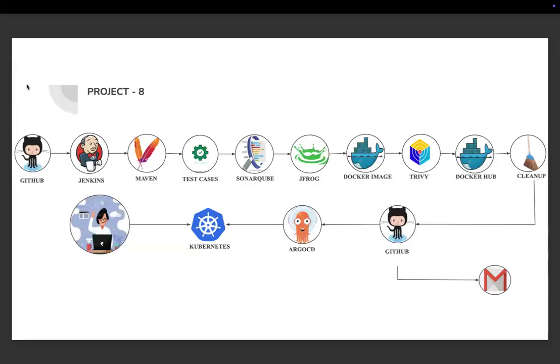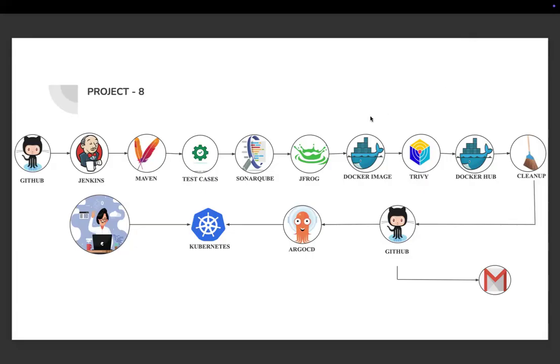That's a Java application, Spring Boot is one of the frameworks of Java, where the developers will be pushing their code to the GitHub repository. Once the developer pushes their code to the GitHub repository, until the deployment of that code to the Kubernetes cluster, everything will be automated through this Jenkins pipeline.